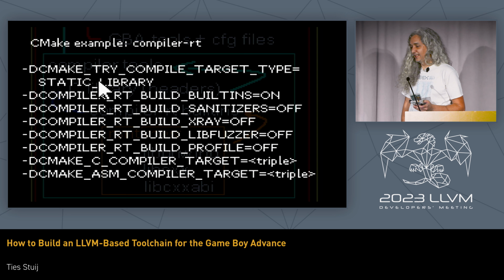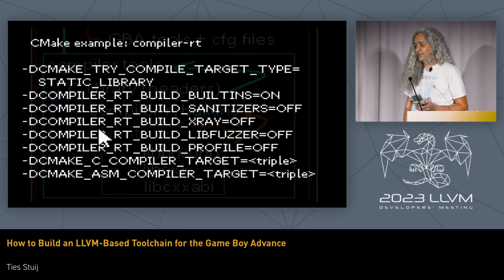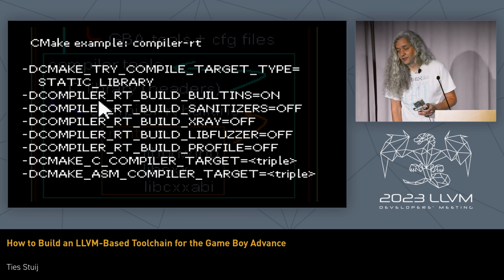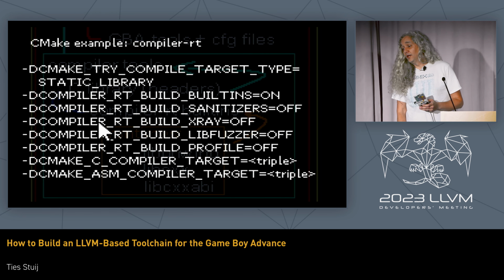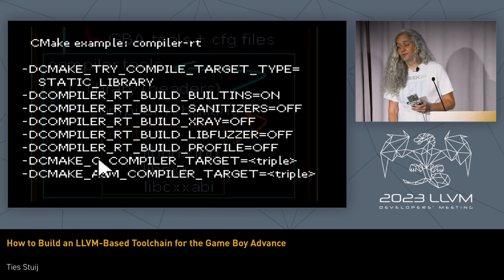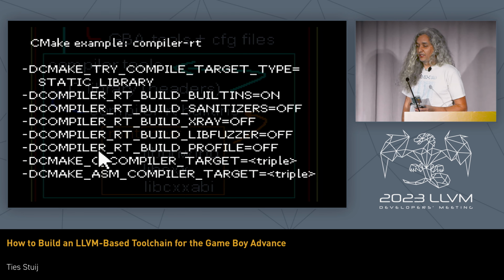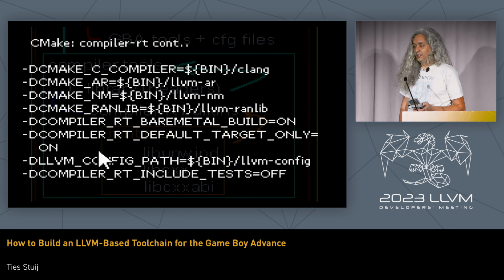And just an example of stuff that you need to chuck in there. Again, your static library, you've got a whole bunch of options that you can turn off for your standalone compiler RT that you're going to use to build the rest off of. You need to turn off sanitizers and all this stuff. And at the moment, we're not using it for embedded targets. You set your targets. You set your tools, as I was talking about.